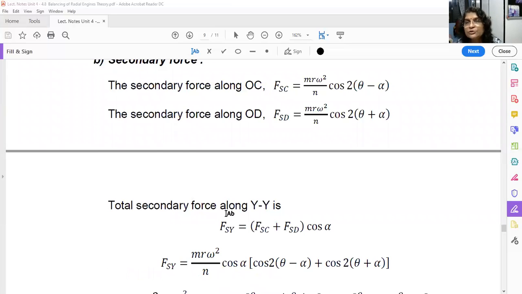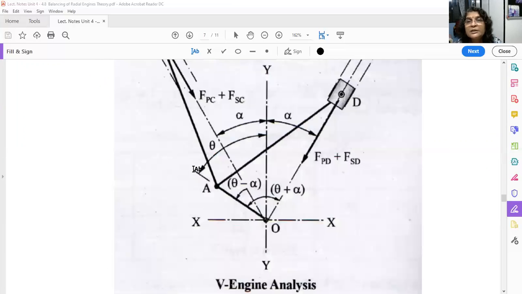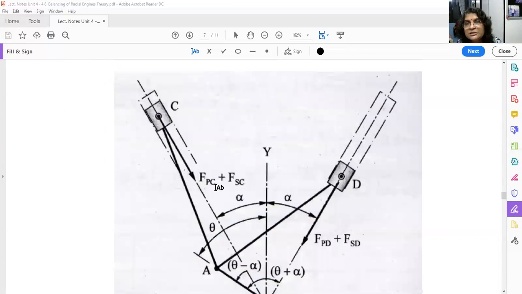Okay. So see here, we'll go to the diagram. This is your secondary force, that is FSC for cylinder C. This is your secondary force for cylinder D, it is FSD. Okay. So take the vertical component of this secondary force, again the secondary force, take the vertical component.